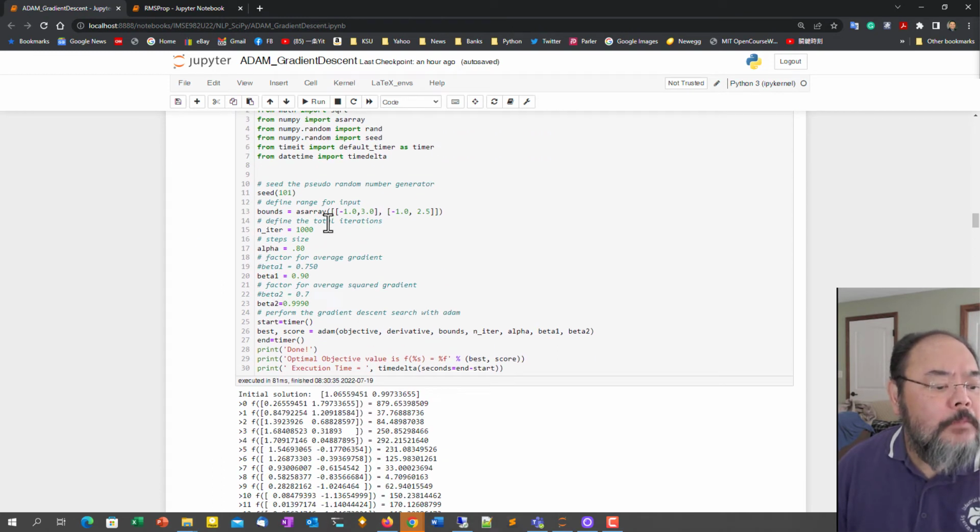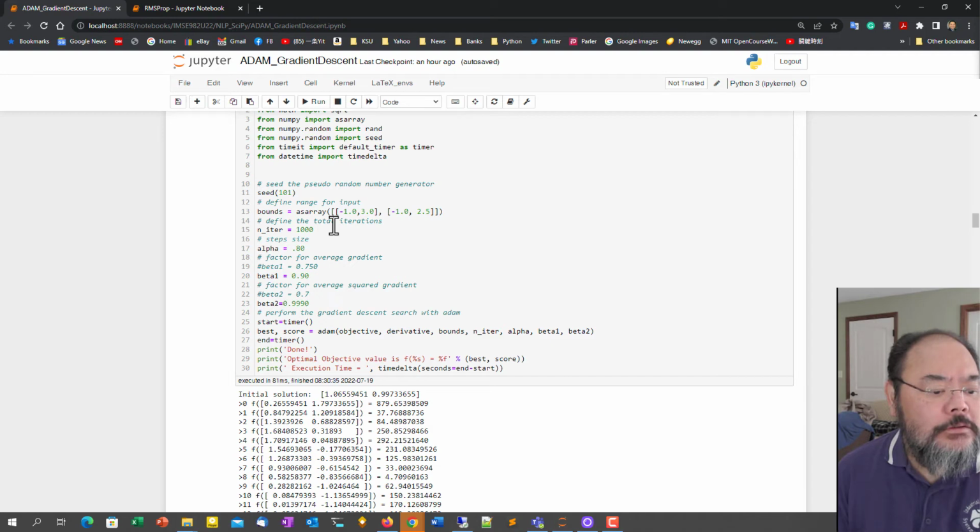All right. I defined the maximum total iterations I want to try as 1,000. The step size is alpha equals 0.8 for this example. Typically I start by trying a step size of 1.0, which is the standard formulation.